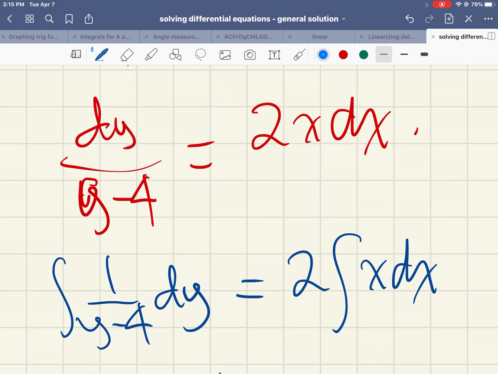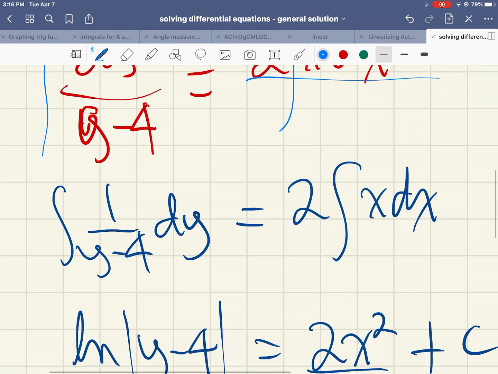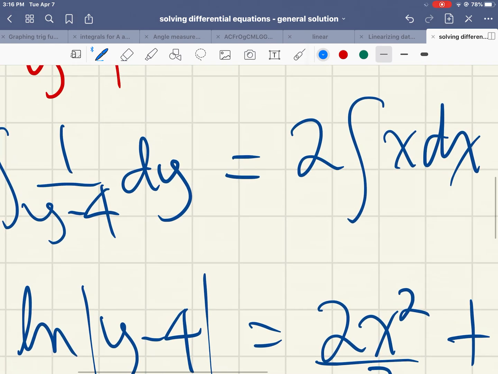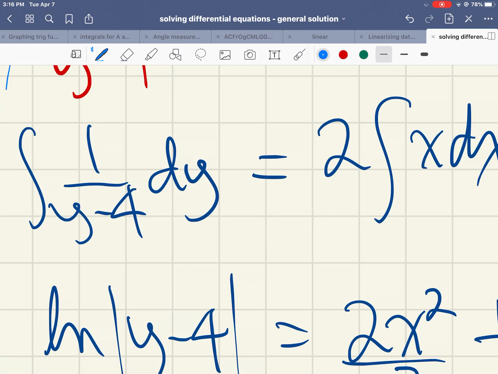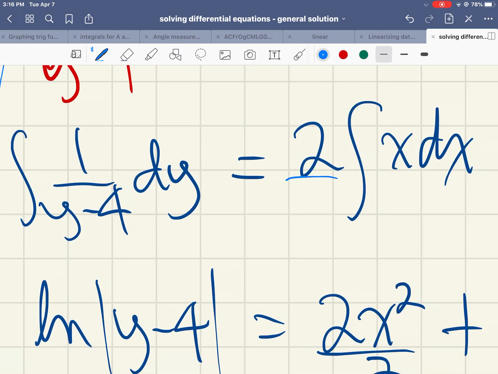So I've got dy over y minus 4, and over here I've got 2x dx. Now I do integrals. Okay, I'm going to integrate that, and I'm going to integrate that. So once I have the integral of 1 over y minus 4 dy, and the integral of 2x dx, then I integrate.